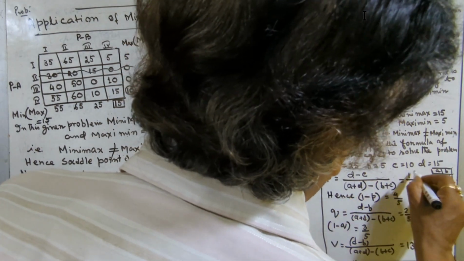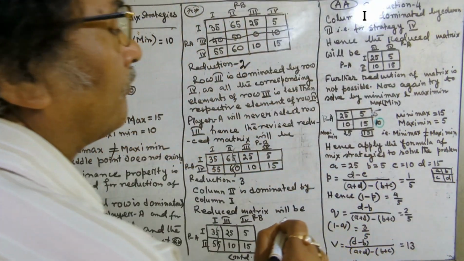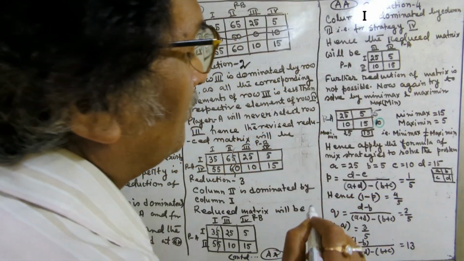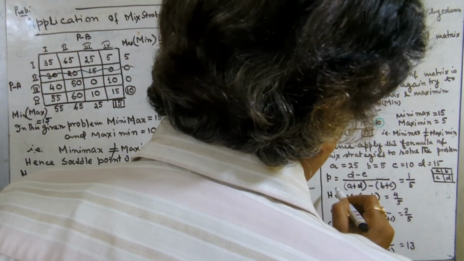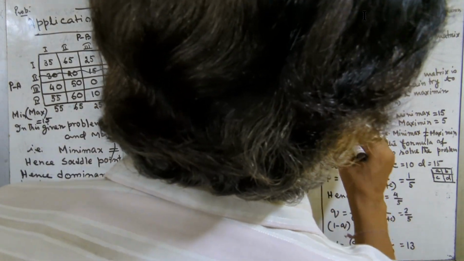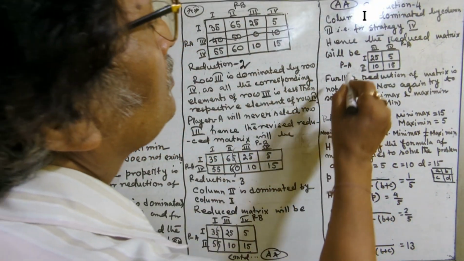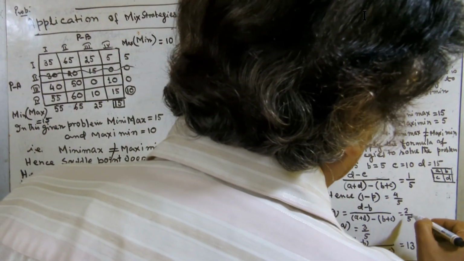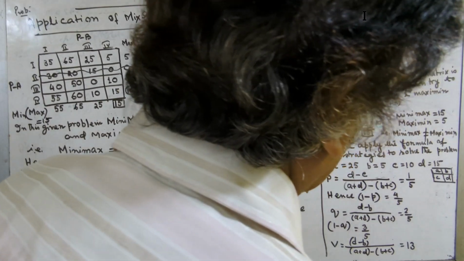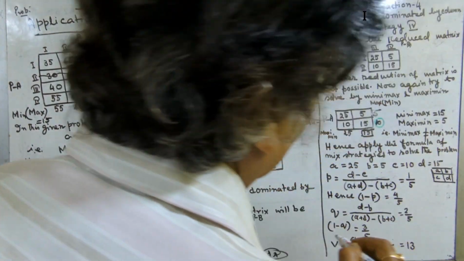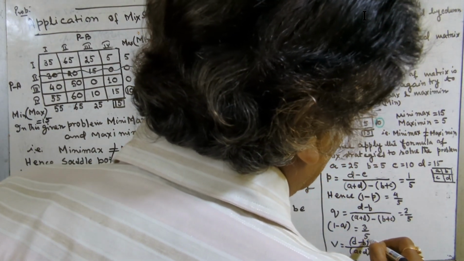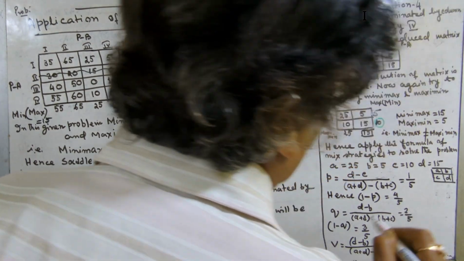If you put in the values and solve, then you will get the probability of the first strategy for player A as 1/5. And if you know the probability of the first strategy, then the second strategy will be 1 minus 1/5, that is 4/5. The value of Q will be this by applying the formula of probability, with Q and 1 minus Q as this, and the value of the game will be 3.